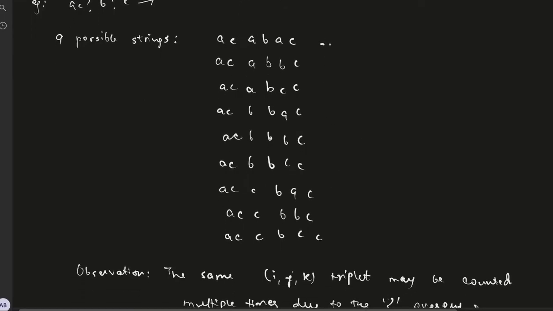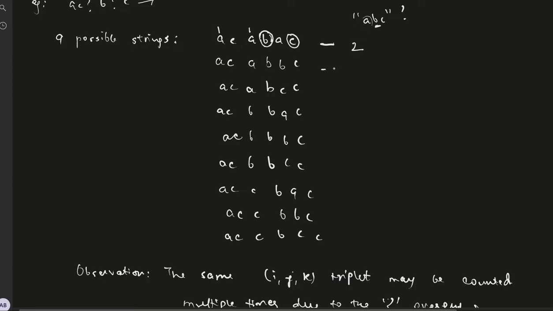Now, in this string, how many subsequences A, B, C do we have? Since there is only one B, that will be the B we want in the middle of the string, and the number of subsequences A, B, C are, this C would be at the end, and any of these two A's could be the first character of the string.